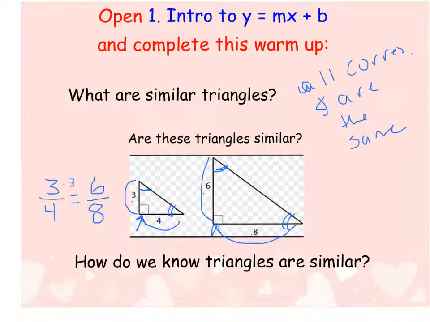We can test that by multiplying by 2, multiplying by 2. So they have that common multiple that we have been talking about. Or we could cross multiply, or we could reduce. So it has the same unit rate. That whole idea of proportionality that we talked about in the last unit. So yes, these triangles are similar.